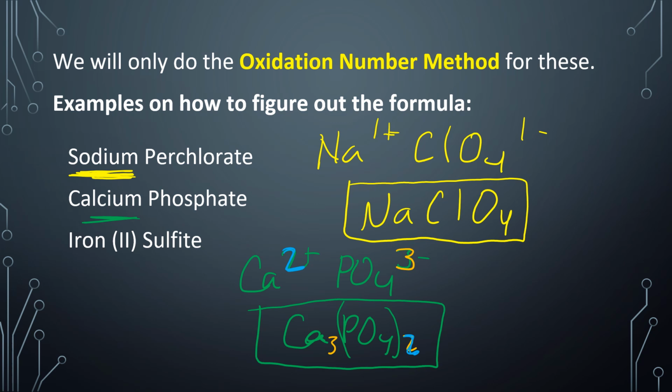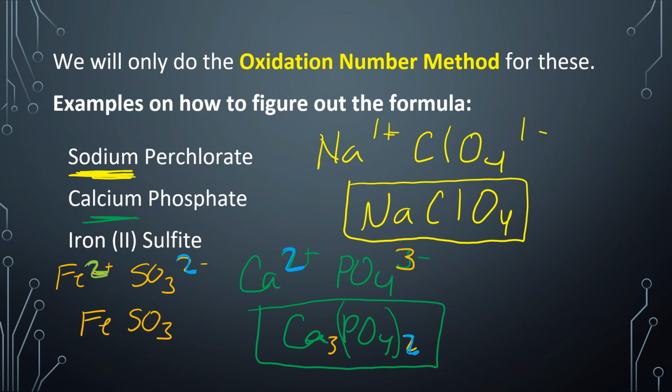Iron 2 sulfite. Hope I have enough space for this guy. See, iron 2, that's Fe2+. Sulfite is SO3 2-. I'll try to use the same type of thing here. So Fe and SO3 drop down.